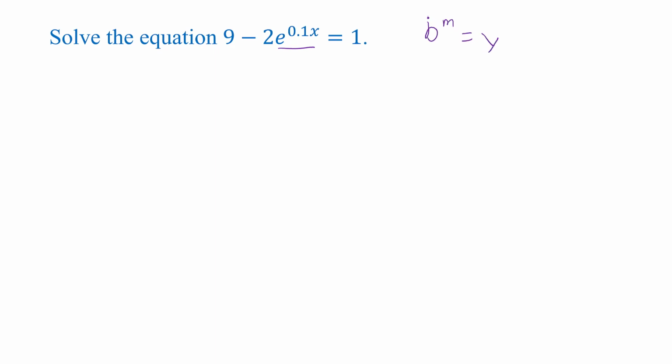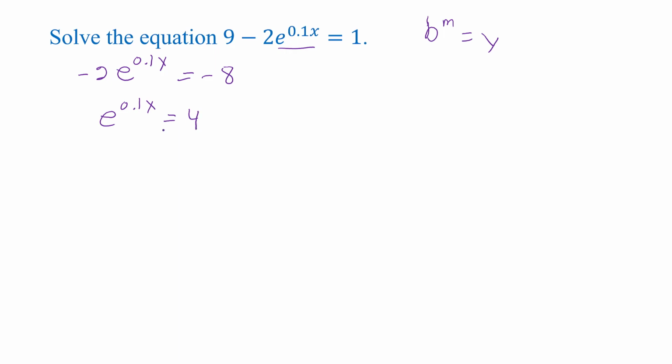I want to get my equation into this format. The first thing I'll do here is subtract 8 from each side to give negative 2 times e raised to the 0.1x equals negative 8, then divide through by negative 2 to get e raised to the 0.1x equals 4.